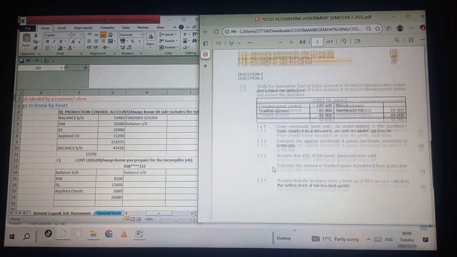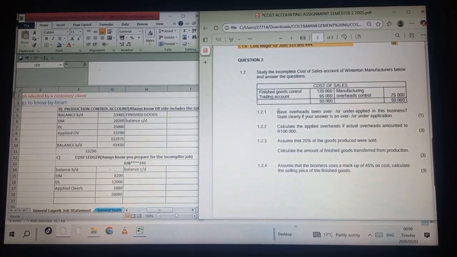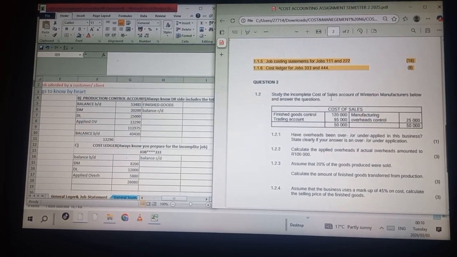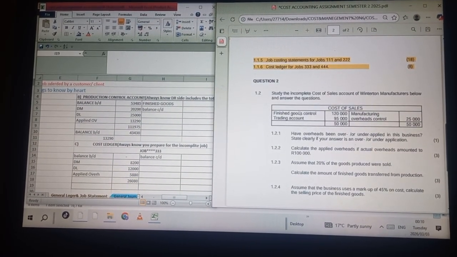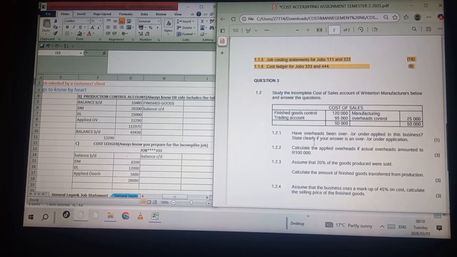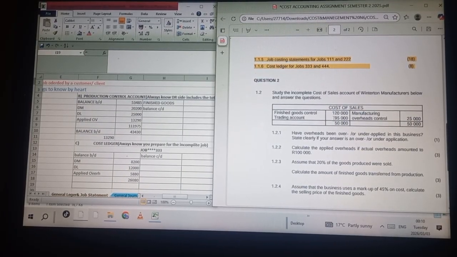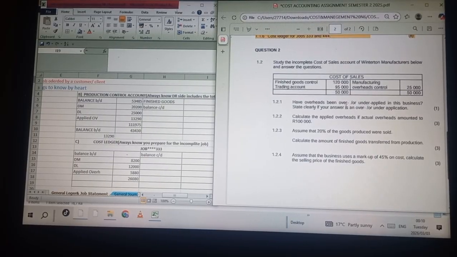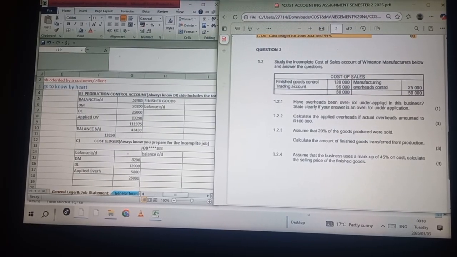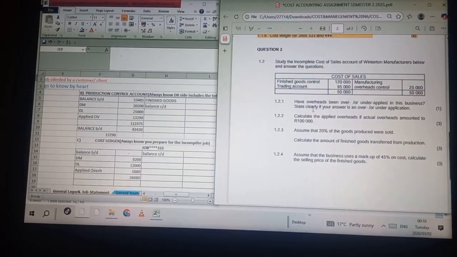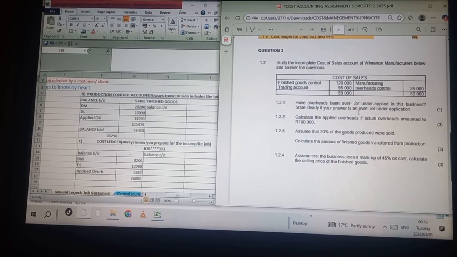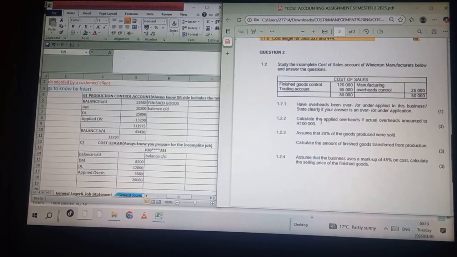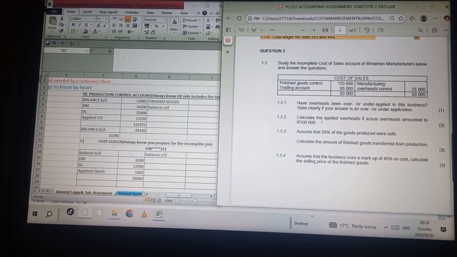Question 2. 1.2. Study the incomplete cost of sales account of Winton manufacturers below and answer the questions. 1.2.1. Have overheads been over or under applied in this business? State clearly if your answer is over or under applied.